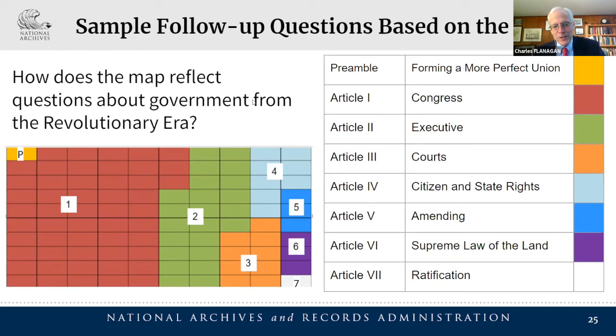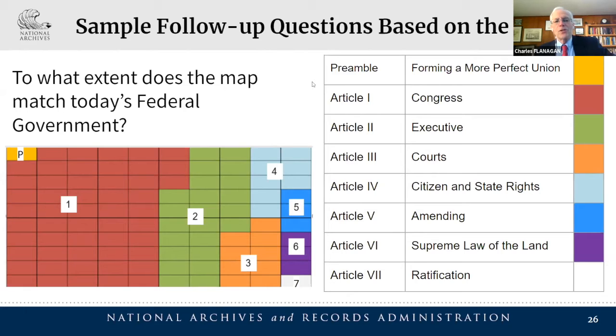Let me just show you a couple other questions, kind of things you could do. Next slide, please. To what extent does this map match today's federal government? Again, inevitably, a student will hear somebody say, we ought to go back to the Constitution the way it was written, and they don't have a frame of reference to know how to hear that statement.